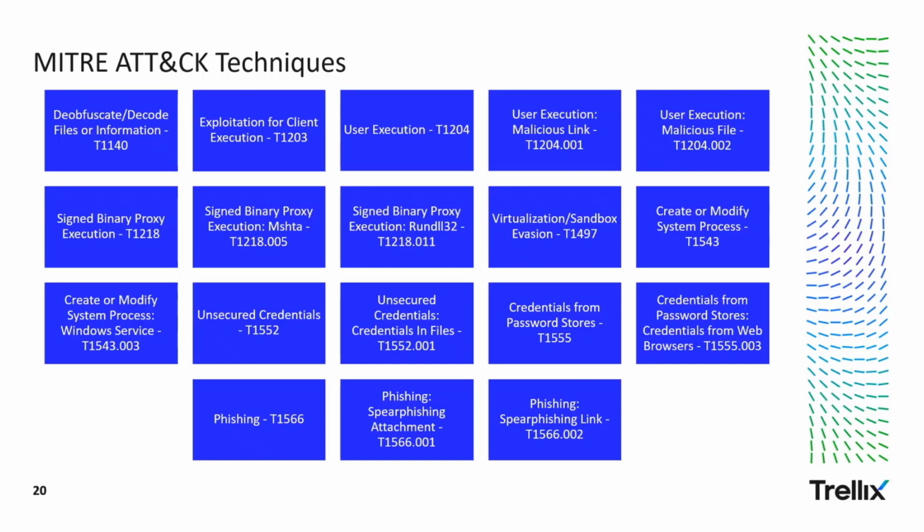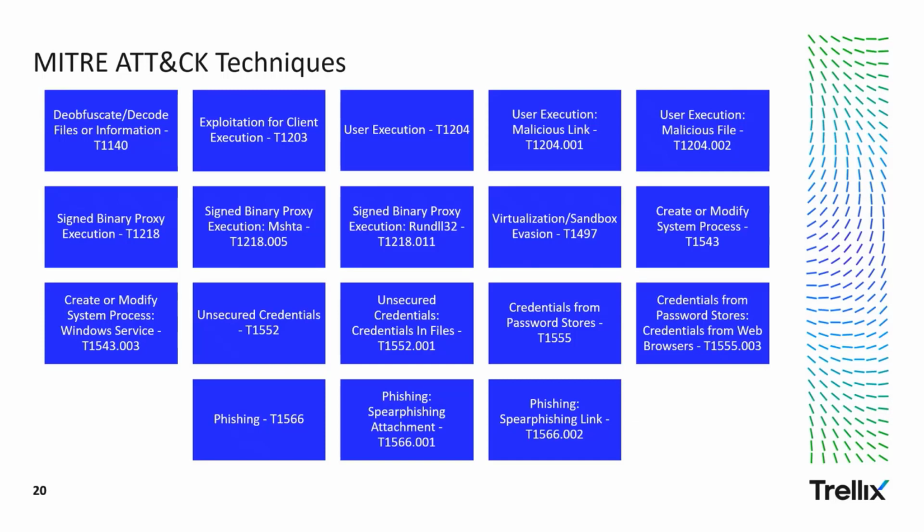These credentials can be stored and/or misplaced in many locations on a system, including plain text files, operating system or application-specific repositories such as credentials in registry, or specialized files or artifacts, which are going to be private keys. In this case, we saw credentials in files, which is technique T1552.001.